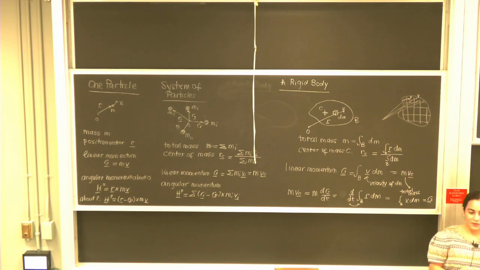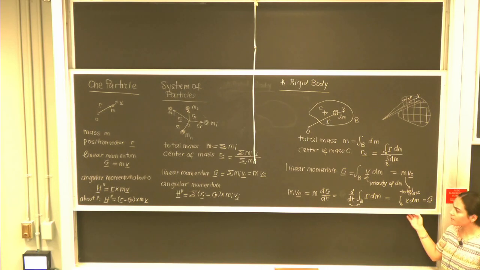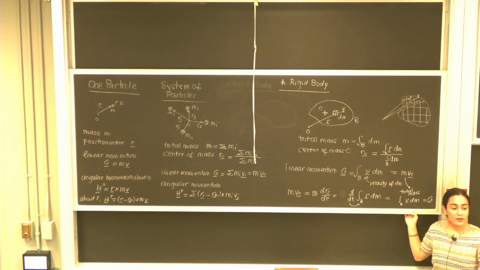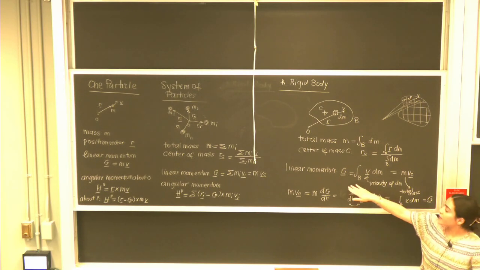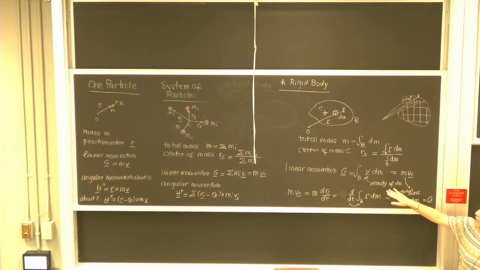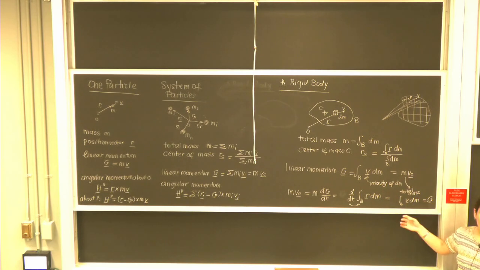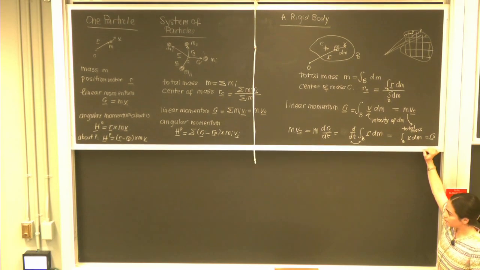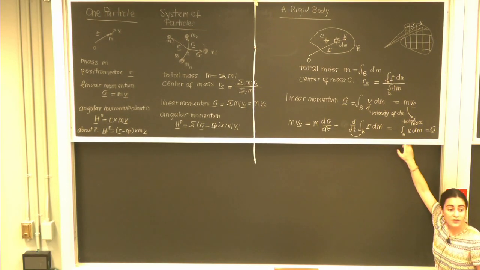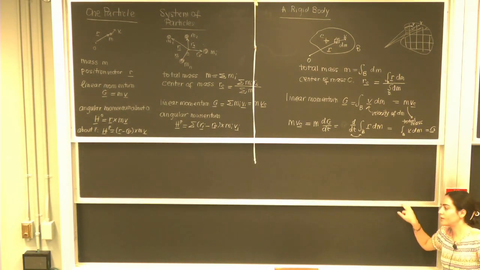Just know that I'm not totally mathematically correct in flipping this. For more details on this calculation, you can check O'Reilly's textbook. So then the linear momentum of the system is the integral of v dm, or mass times the velocity of the center of mass. Questions so far? Okay.